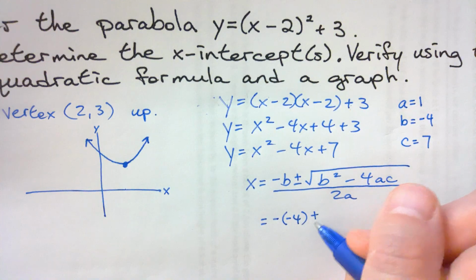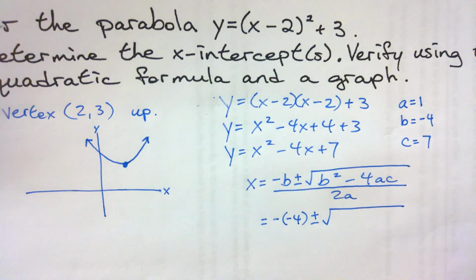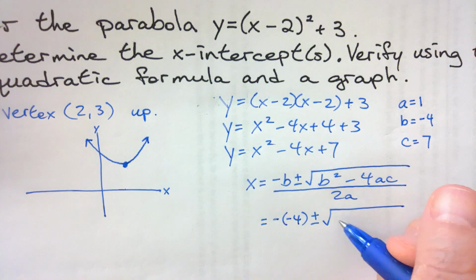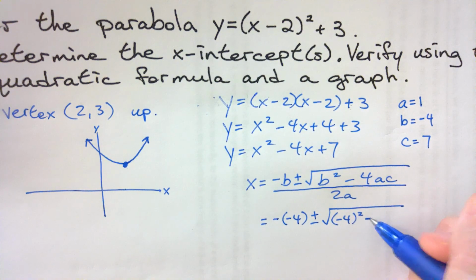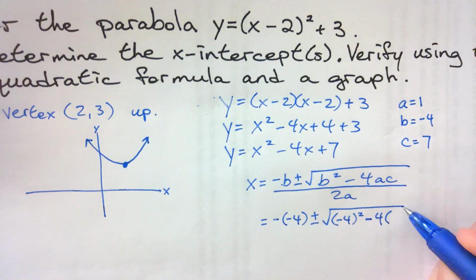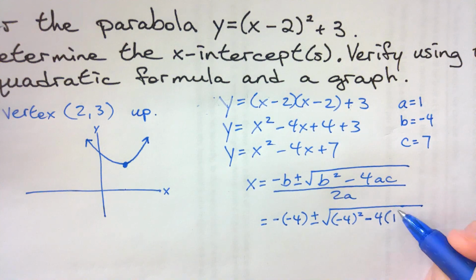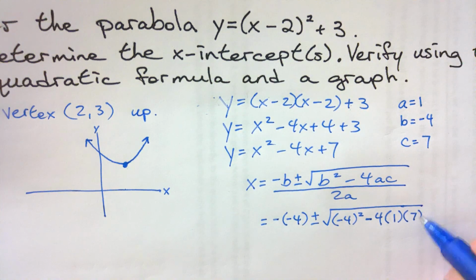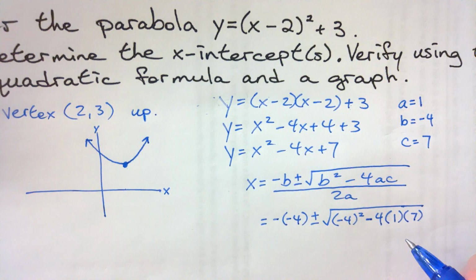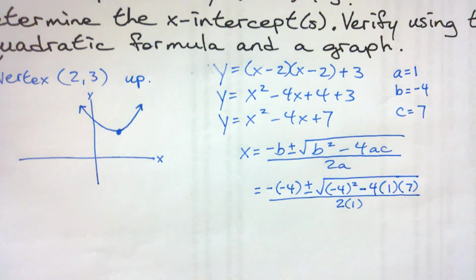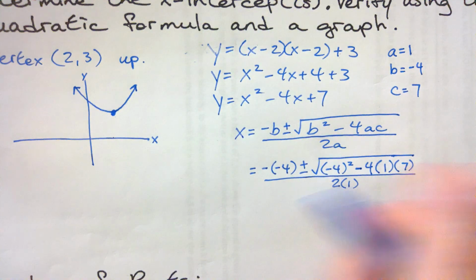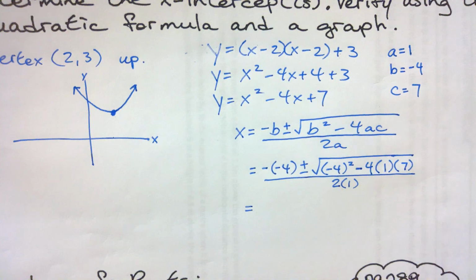Okay, plus or minus? Good. Times 1 times 7. Good. Divided by 2 times 1. Good. All right. And then from here, it's all just your calculator doing the calculations.